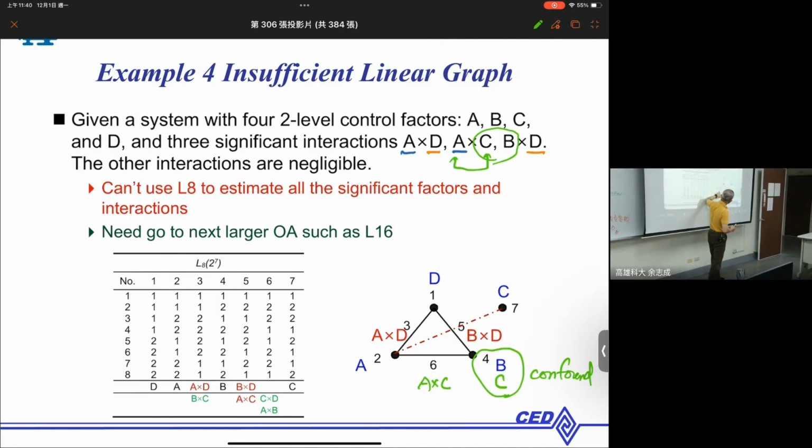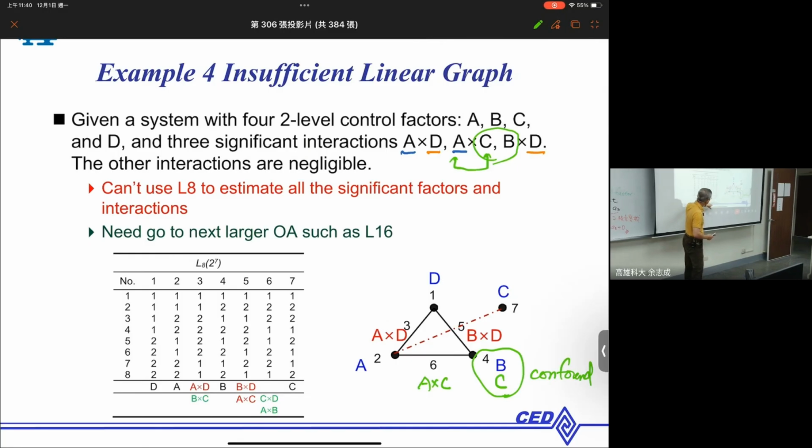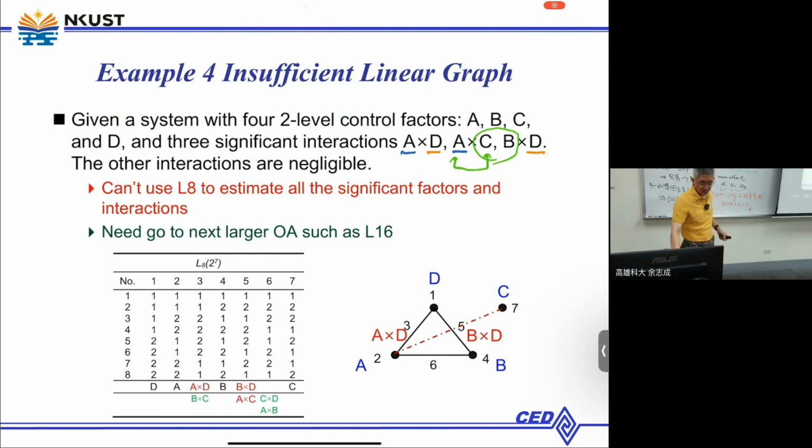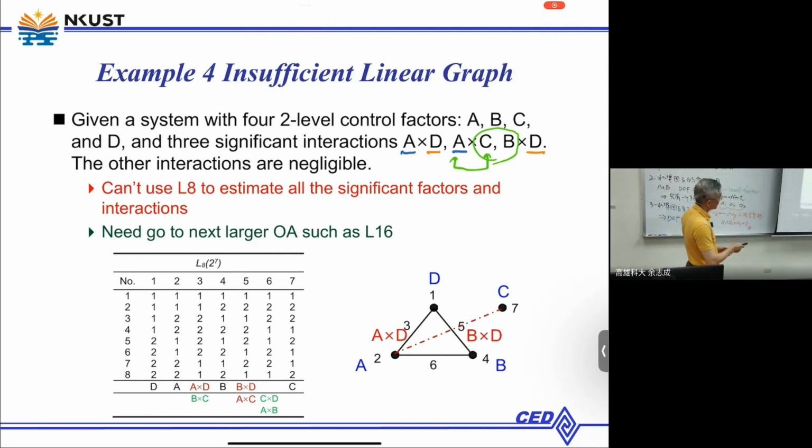If you connect a line here, you can find AC in column 2 and column 5. The interaction will happen in column 5 as well. Since there's one dot here, if you put C here, you can see 2, 7, the interaction will happen in column 5.